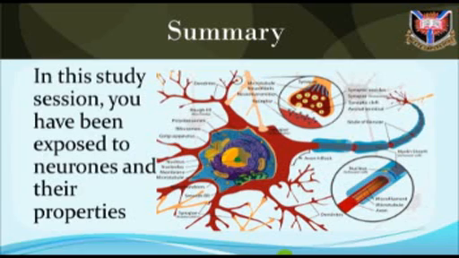Each nerve cell has only one axon, carrying nerve impulses away from the cell body. Neurons have two major properties, that is, irritability and conductivity. Neurons are usually classified according to their function or structure. Neurons could also be classified based on whether they have myelin sheath or not.